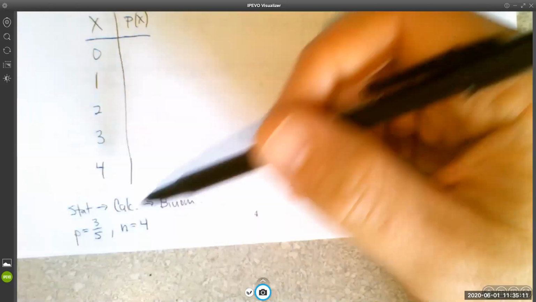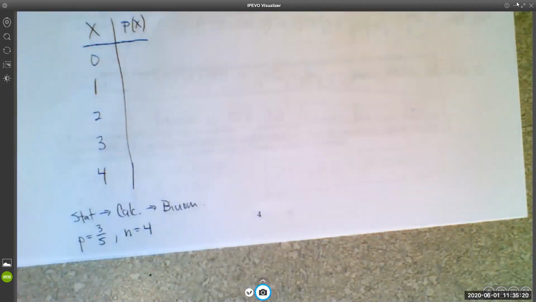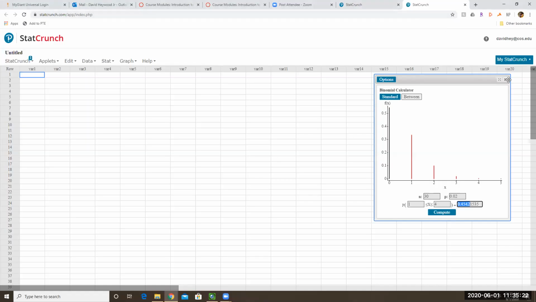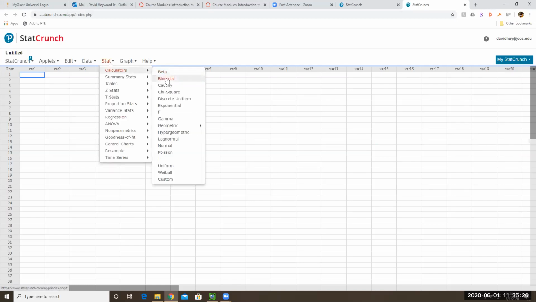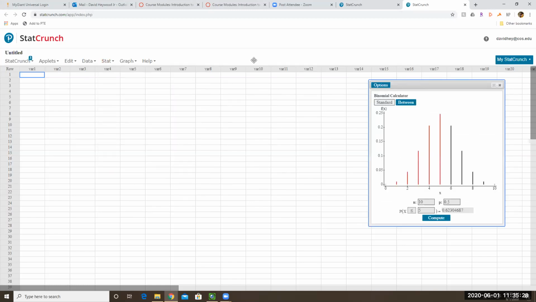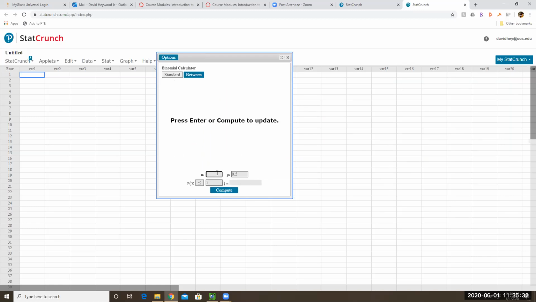Okay, so we're going to go to the binomial calculator, put in these things for the parameters, and then we'll be able to compute these probabilities. So let's do it. It's Stat, Calculators, Binomial. I'm going to put in 4 for n.